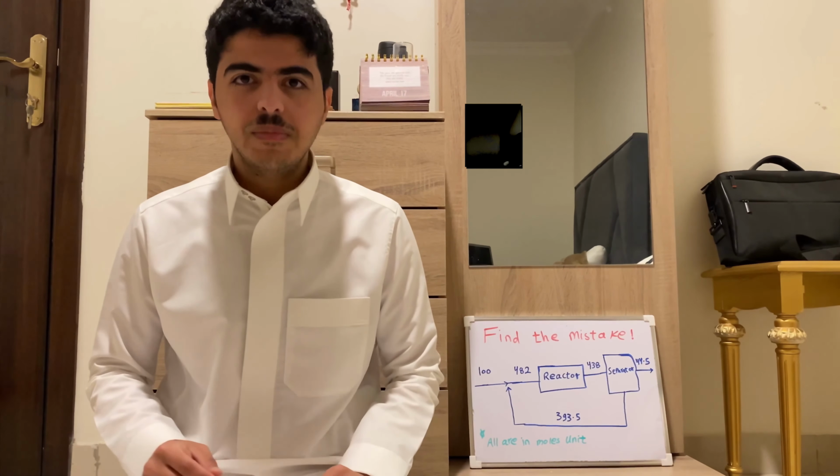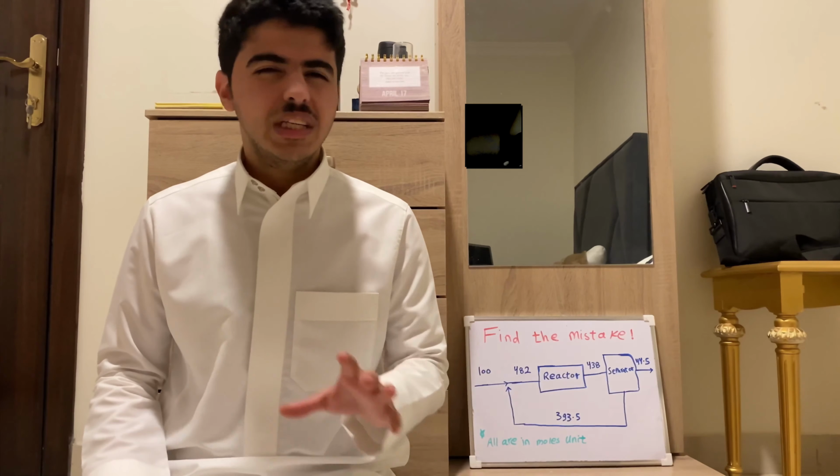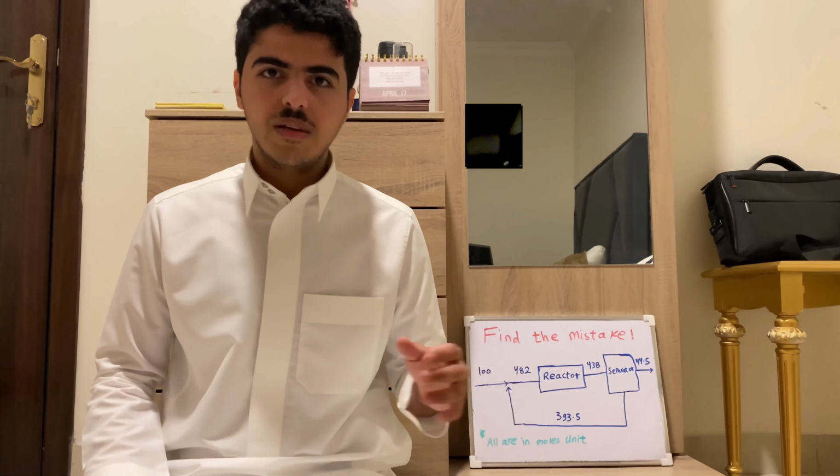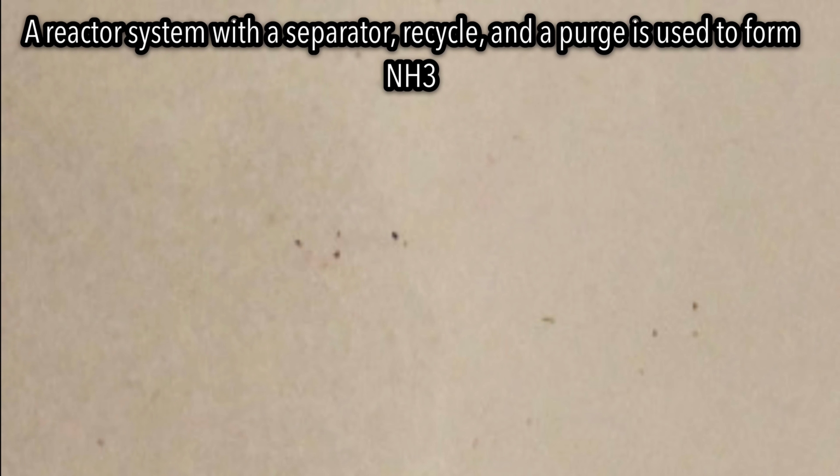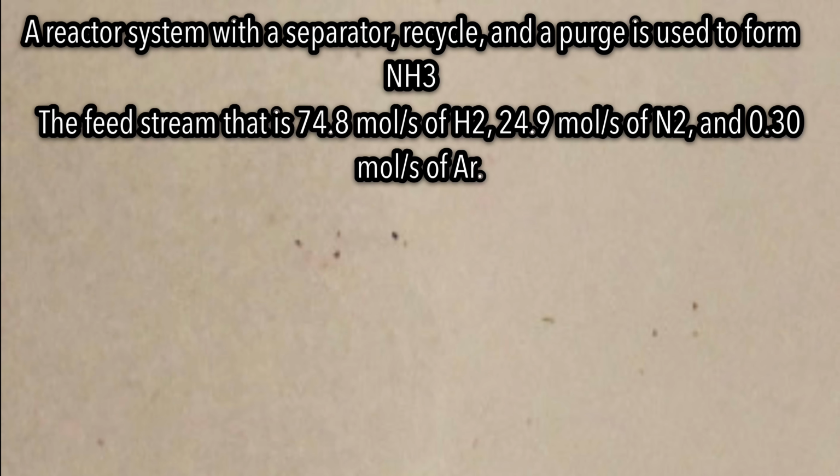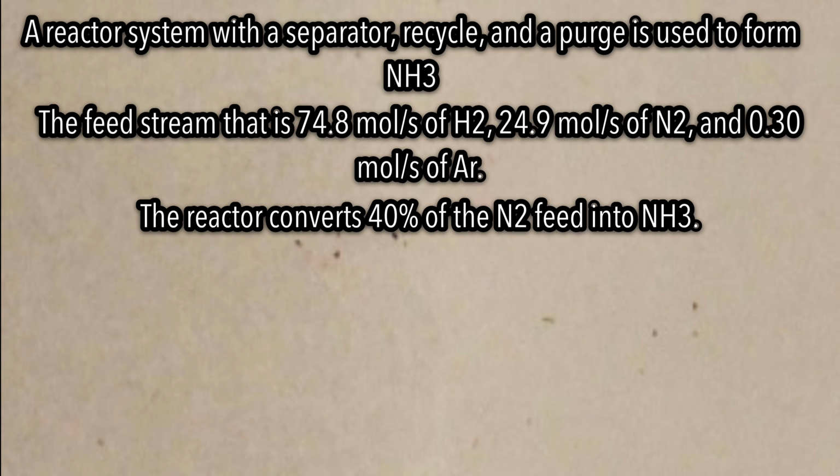To have the idea perfectly understood, let's solve an ammonia production plant example and prove that we really need purging when we have inerts. We have a system that is composed of a reactor, separator, and a purge stream to form ammonia. We are given the fresh feed information with each molar flow rate and the reactor conversion of 40%.